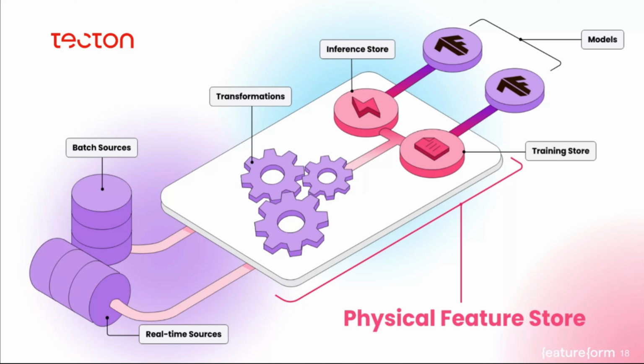You have to rewrite all your transformations. It's just completely replacing. It's a very heavy thing. It's a very heavy piece of infrastructure. It's kind of on the same abstraction layer as something like Spark. So I think it's correct, but it's too heavy, which again brings up the idea of the virtual feature store.